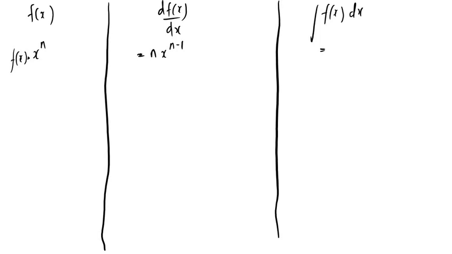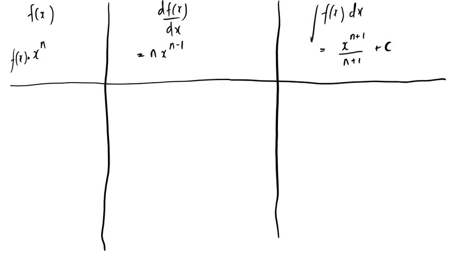It's called the power rule. So it's x to the power n plus 1, divided by n plus 1, plus c. So let's use this on some examples.